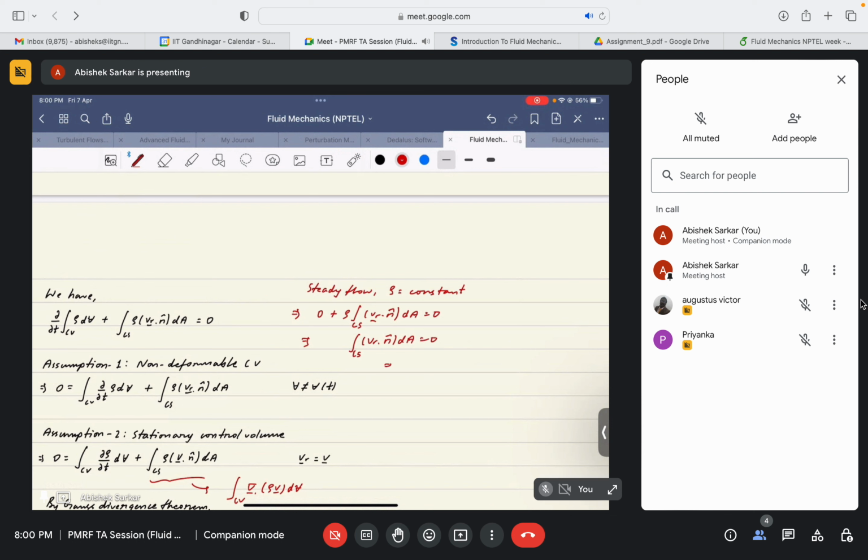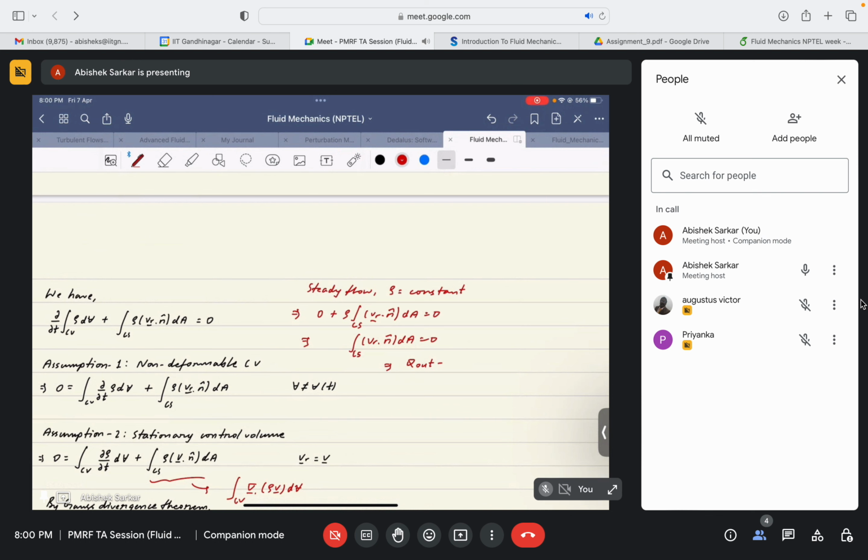So this term essentially gives us the volume flow rate. Since rho is constant, we can write it as Q out, keeping in mind the signs of the velocity vector with respect to the normal vector of the areas along which we are evaluating the surface integral.